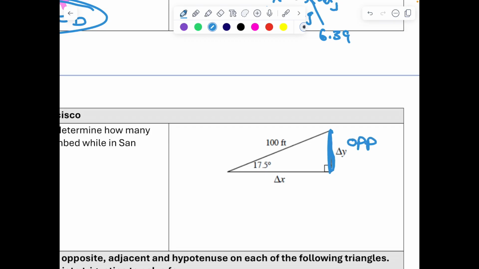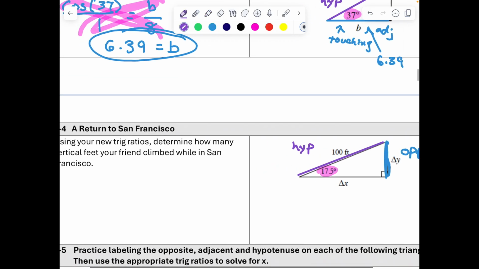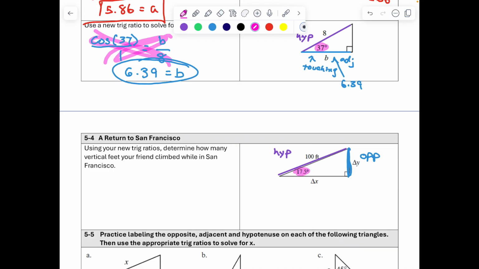This is our opposite side, and this is our hypotenuse, and our angle right here is 17.5. So for that first one, this would be sine of 17.5, because sine uses opposite over hypotenuse.